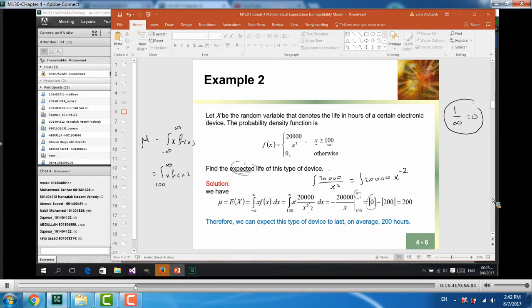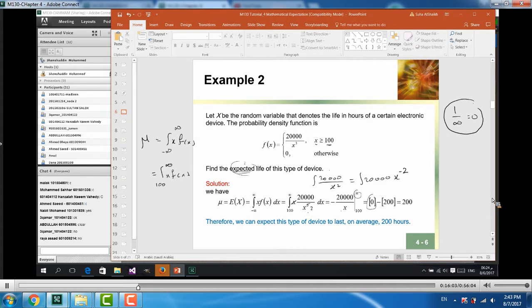Why? Because the infinity is in the denominator, so it is growing and growing very big, and the numerator is a fixed number. So I am approaching 0. This is why we say that 1 over infinity is equal to 0.